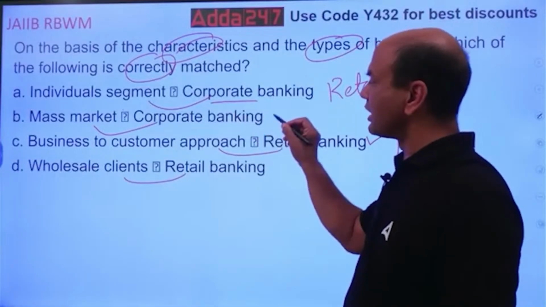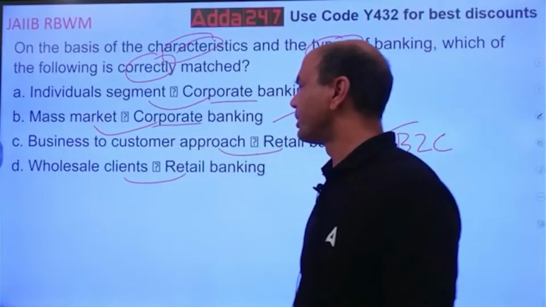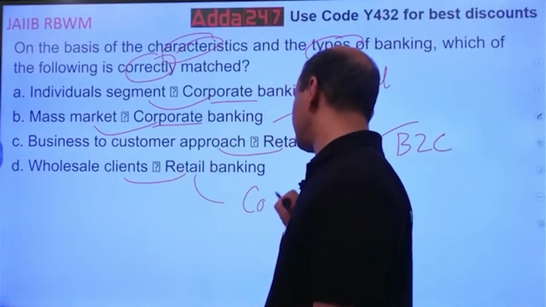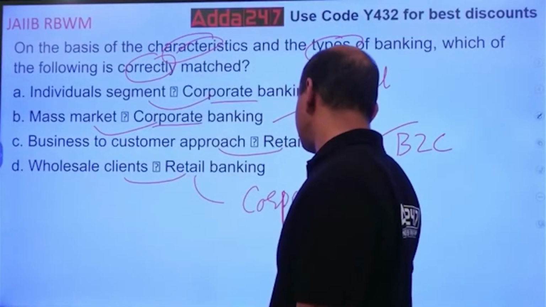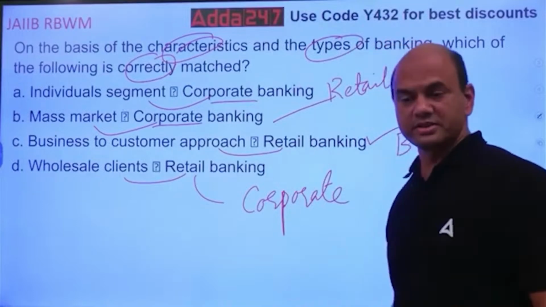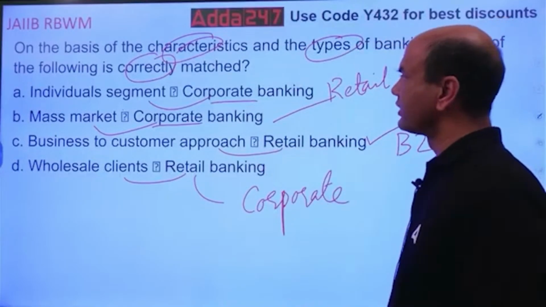Mass market, again retail. It's not corporate banking. Wholesale clients, this is not retail, this is corporate. Okay? So that is the difference. So the correct answer is B2C, retail banking. Got it?